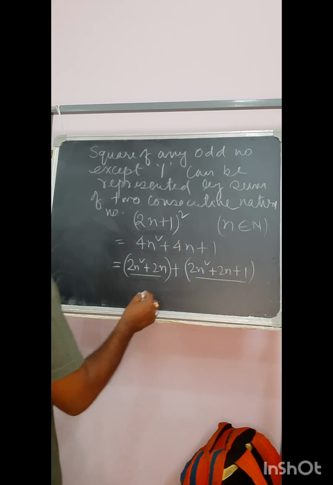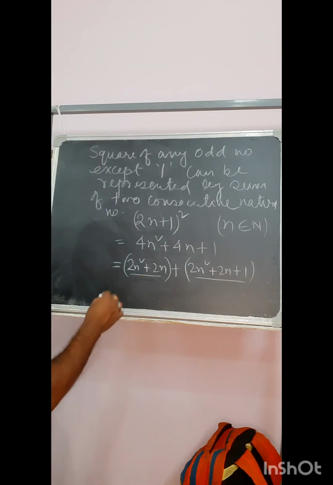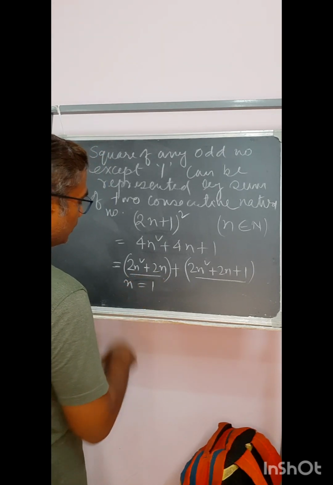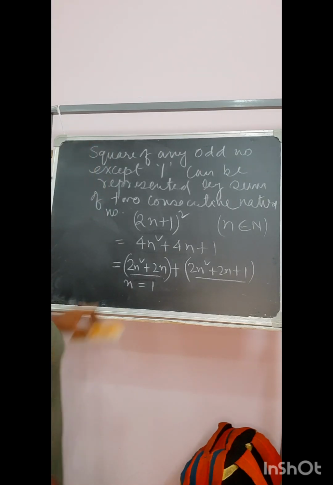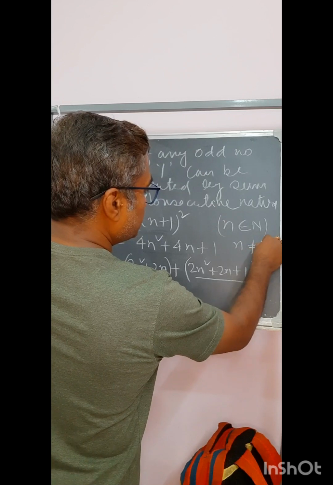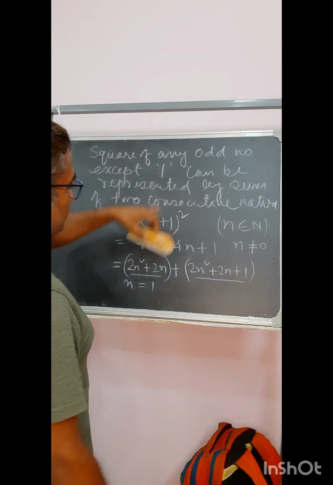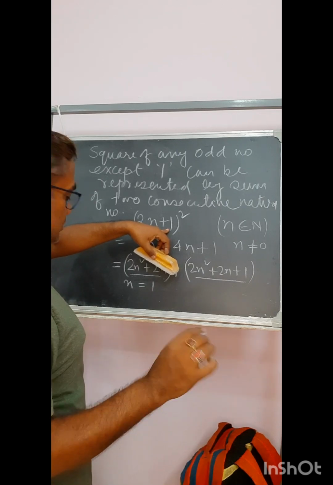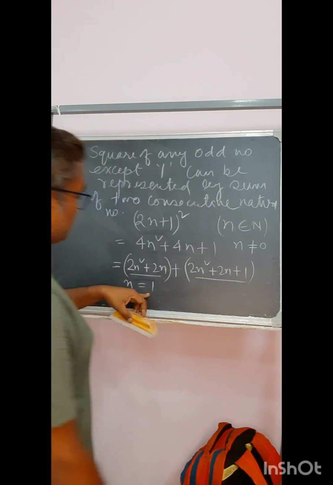Now I will explain it with an example. Let's say n I am taking is equal to 1. n cannot be 0, because I am excluding 1, since only n equal to 0 gives 1, so 1 will not follow this theory. So I am starting with n equal to 1.